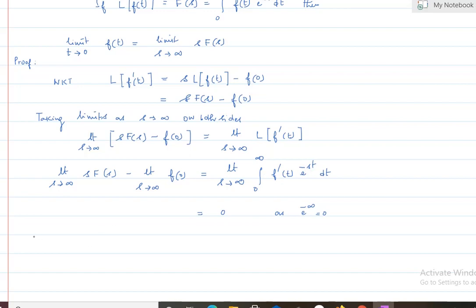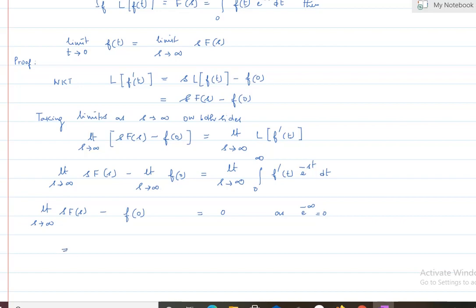So from this what we get is left hand side is limit s tends to infinity s into F of s minus, when you substitute this limit s tends to infinity f of 0, there is no variable here, so definitely we will be getting just f of 0, because only s is tends to infinity, there is no s here.